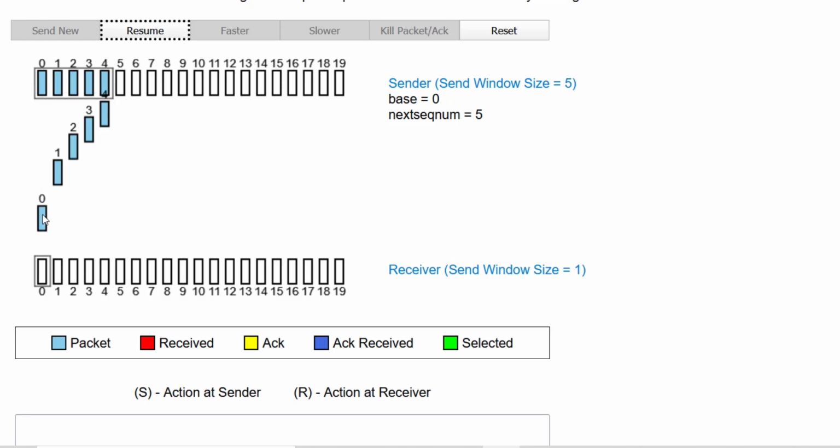The 0th packet is sent, and after that the sender sends the first, second, third, fourth. The sender is not waiting for the acknowledgement of 0. This is for increasing the efficiency. Now we have to understand that the 5th packet that the sender is transmitting is going to be lost. So let's see how exactly this shifting of window happens.